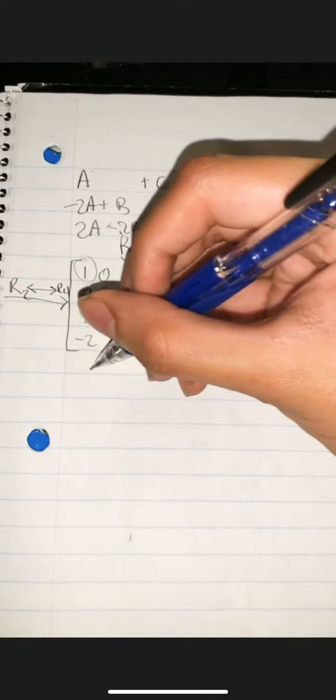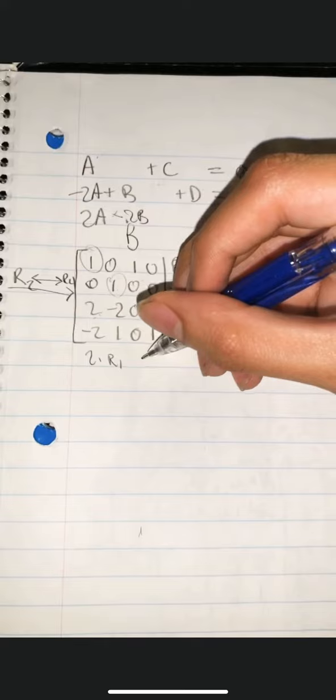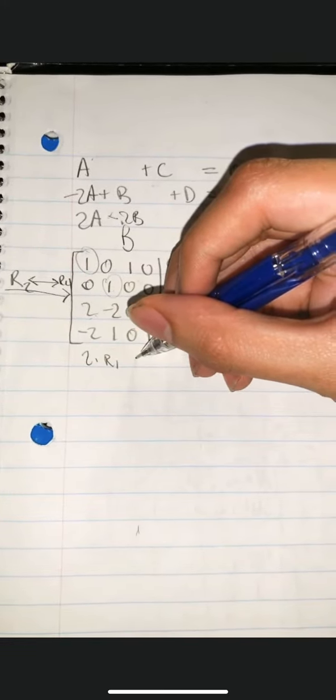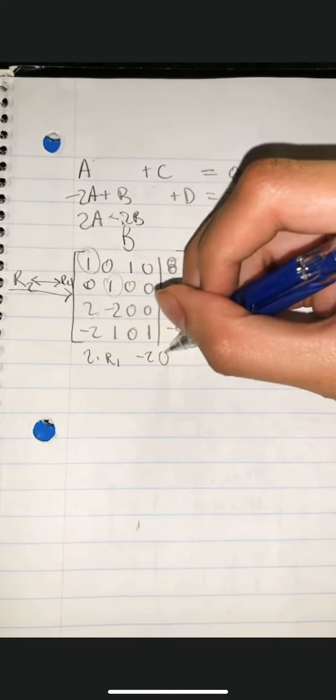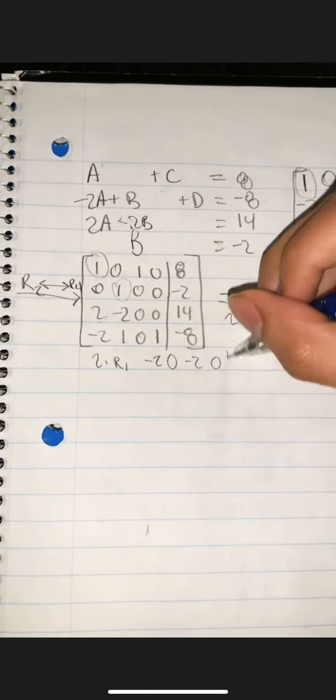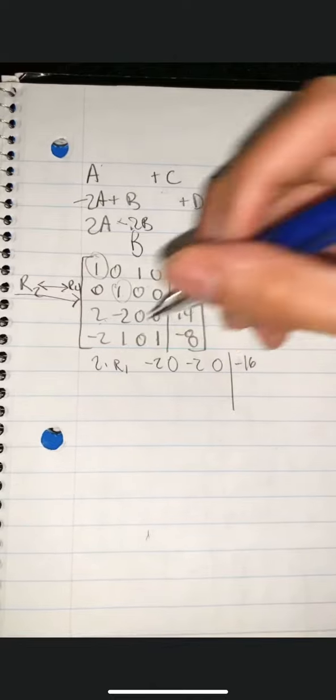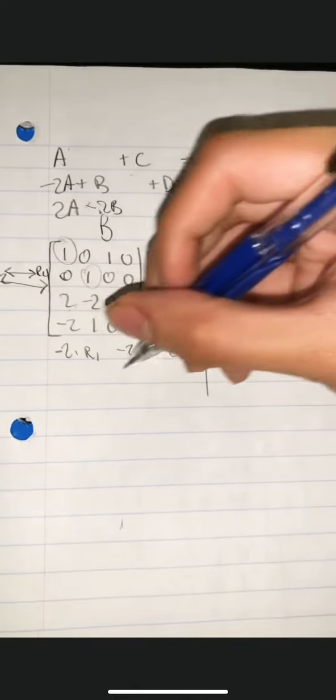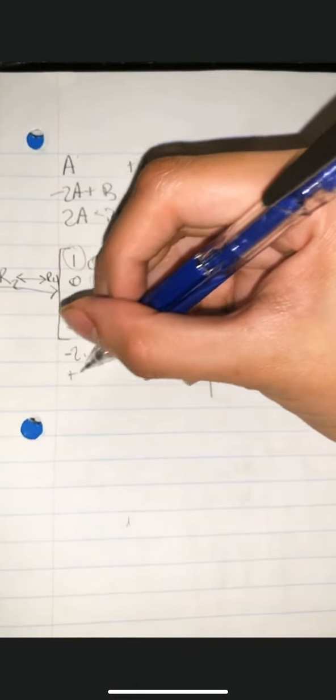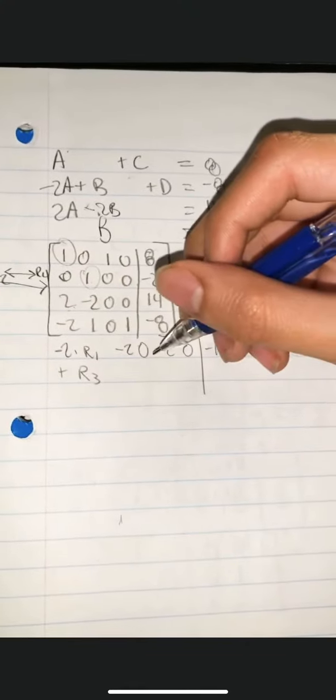So first I'll do the first one. So I'll write it down here. So 2 times R1, so it'll look like this: -2, 0, -2, 0, then -16. It's -2 times R1, and then plus R3, which is 2.